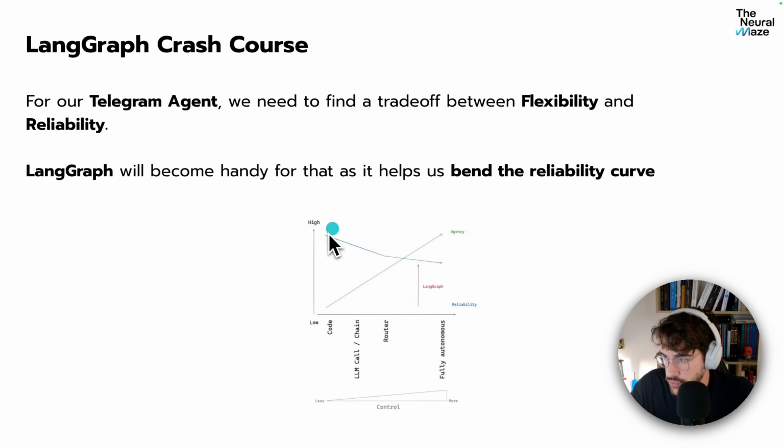If you take a look at these diagrams in here, you will see that as the agency increases, this green line, the reliability, is going to decrease. What's the advantage of LangGraph? That it makes the curve steeper. So the decrease in the reliability is not as profound as if we were not using LangGraph. That's the reason why I've chosen this framework, because I think it's one of the best picks, if not the best, in my opinion, for any agent-related topics.